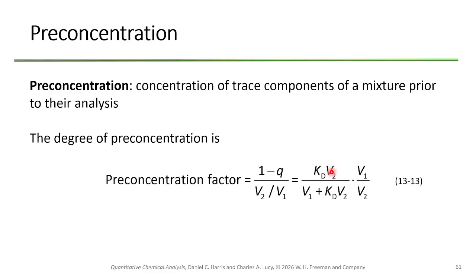So you can use things like filters to concentrate. You can use things like binding matrices, of course, to concentrate. You can use things like boiling off solvent to concentrate. You can use things like centrifuging to concentrate. If you do biology labs, you oftentimes will concentrate by centrifuge.